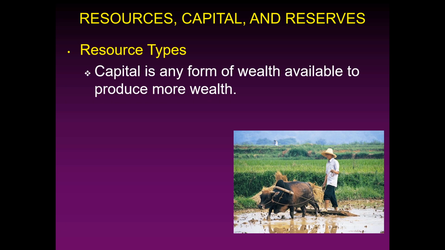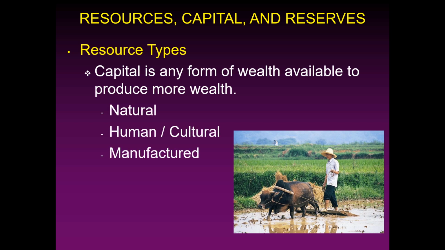Now, at the same time, you have to use dollars in order to purchase stocks, so therefore they can be viewed as a form of capital. But from everything that I've heard, most of the time when measuring capital, cash on hand is the last thing that's considered. So this capital can be natural, it can be human or cultural, it can be manufactured, it can be social.